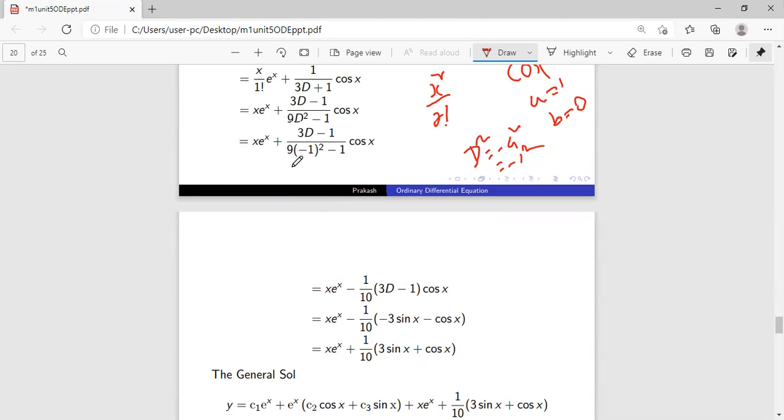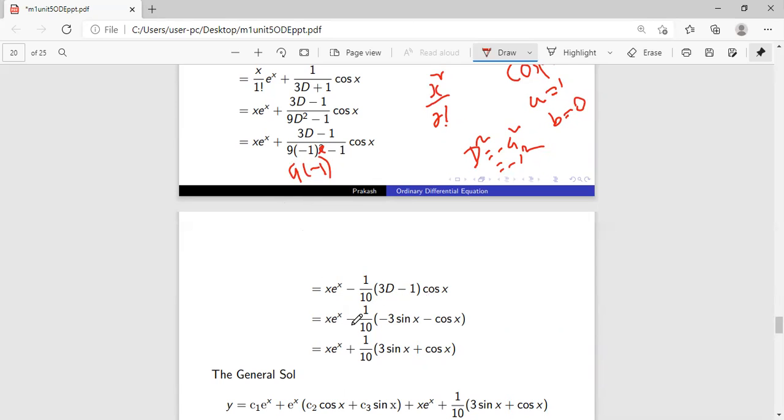You can also just write D² is -1. Don't confuse it with a square here, just write D² is -1. That's all. So we will get x e^x minus 1 by 10 times (3D - 1) cos x.